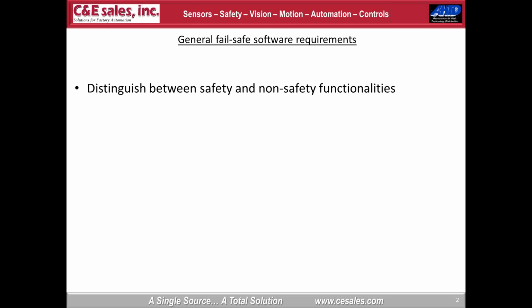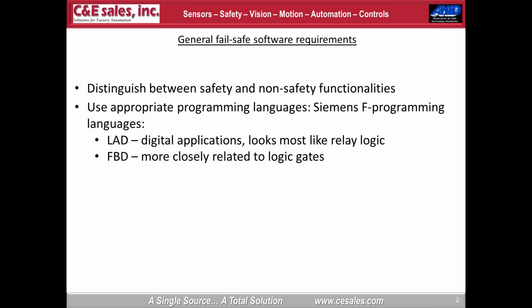You want to keep those things separate because they really are. Generally, you could describe the safety functions as sort of a shell that surrounds your process functions that doesn't let anything happen unless the safety is satisfied. But this is an important consideration to optimize the construction of your project.